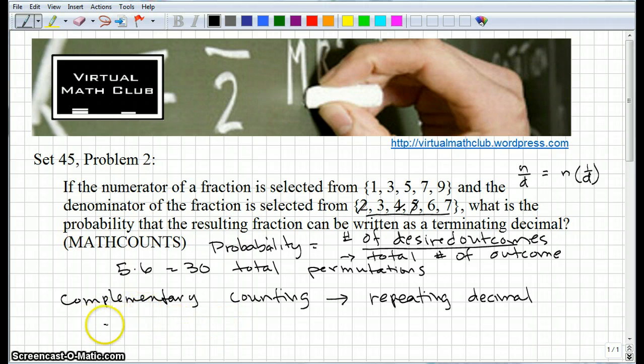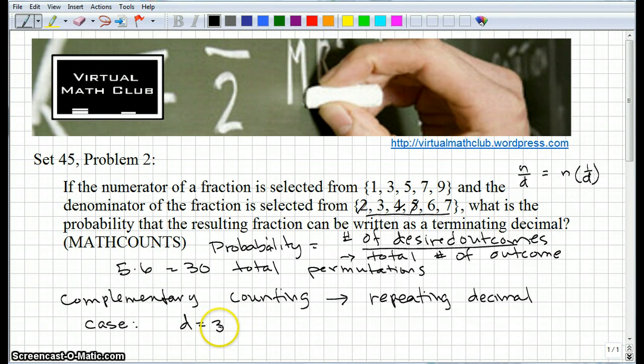And what I'm going to do is some casework. Let's look at case 1, where the denominator is 3. We know we're only going to get repeating decimals when we have 3, 6, or 7 in the denominator.